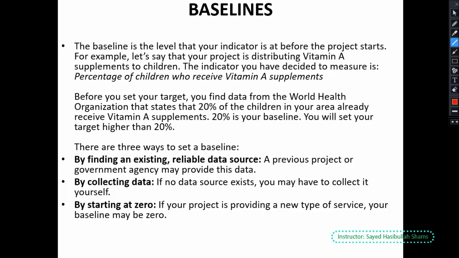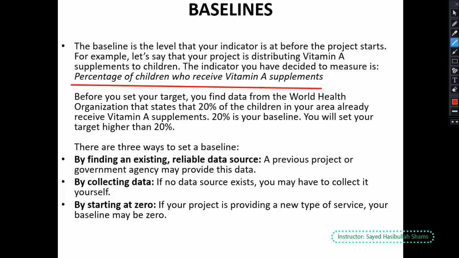So it's very important that for every key performance indicator we will have a baseline, and then we will set targets. For example, here we have one indicator, measured by percentage: percentage of children who receive vitamin A supplements, and this is our key performance indicator.